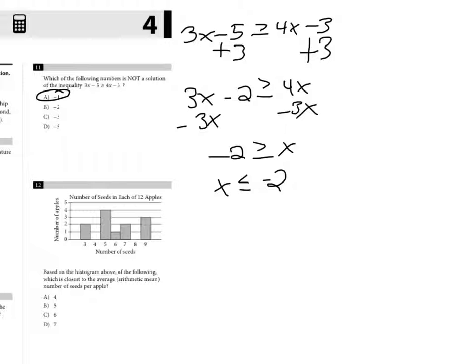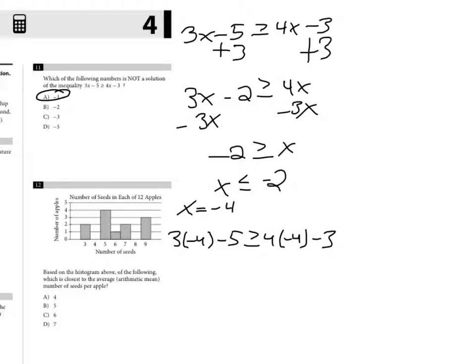A number that's less than or equal to negative 2, let's try negative 4. x equals negative 4. Ideally, if I plug in negative 4 here, once I work all this out, this side of the expression should be greater than or equal to this side of the expression.